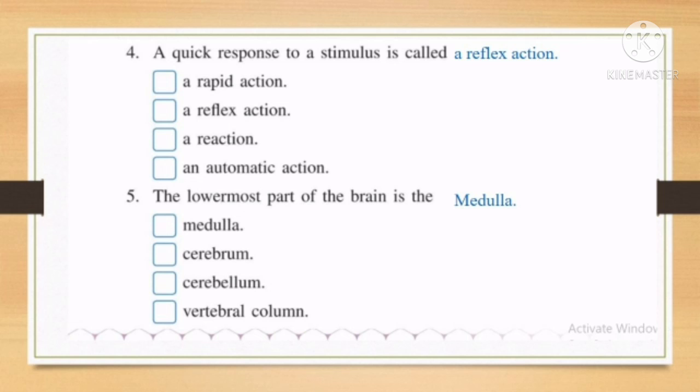Now the fifth one. Fifth, the lowermost part of the brain is, and the options are medulla, cerebrum, cerebellum, and vertebral column. And dear class, the correct answer is the medulla. Medulla is the lowermost part of the brain.